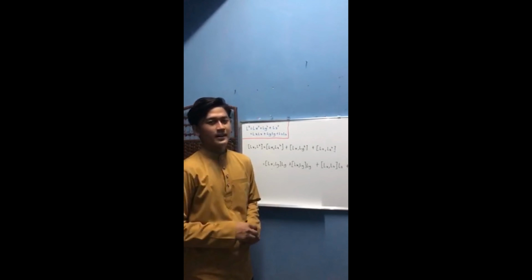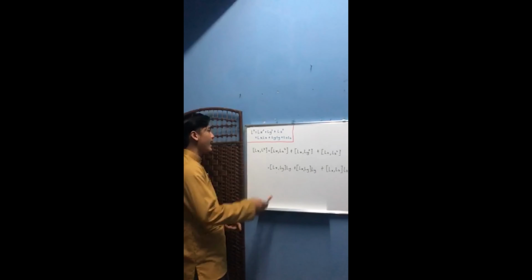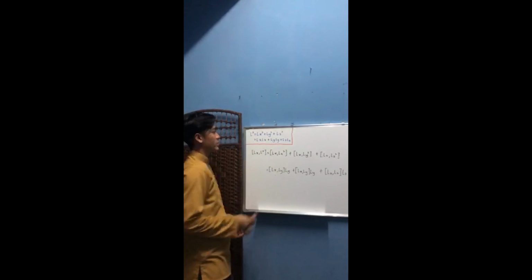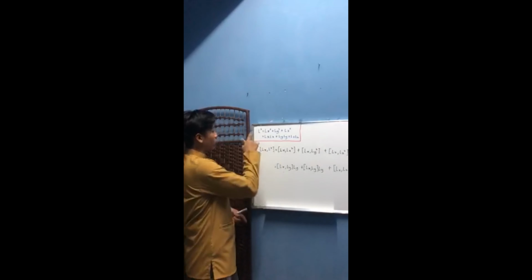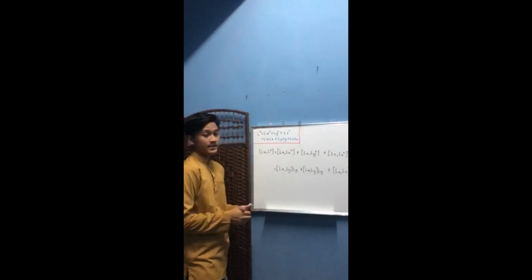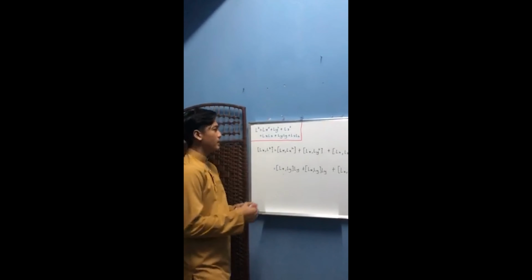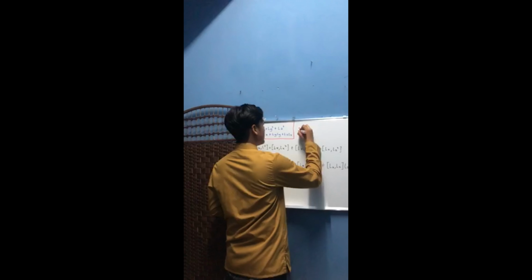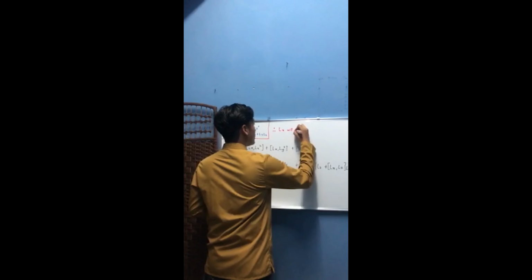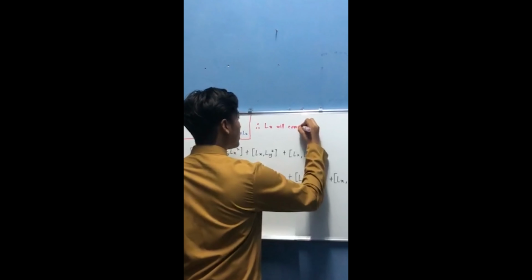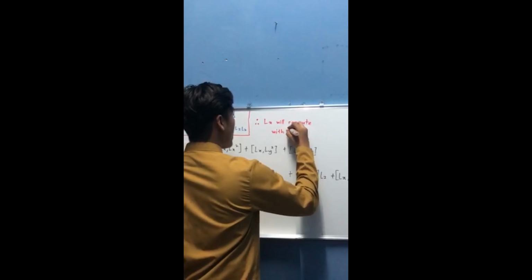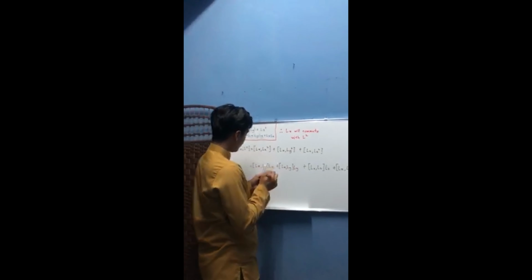Let's rethink together. We know that L squared is equal to Lx squared plus Ly squared plus Lz squared. So maybe Lx will commute with L squared.